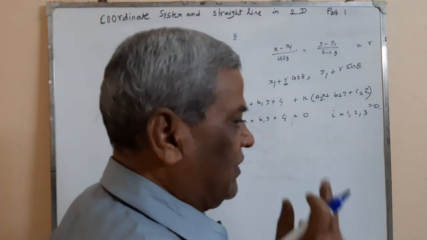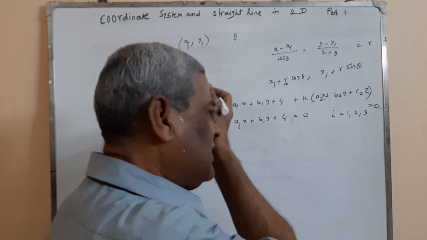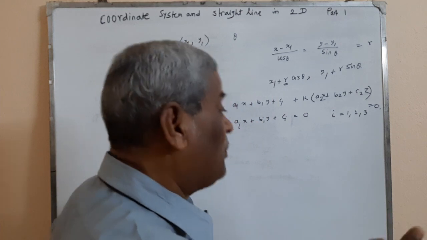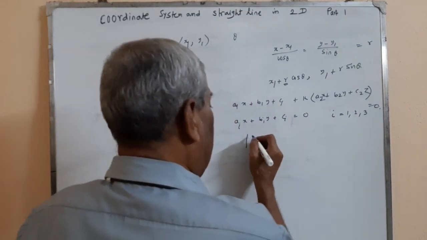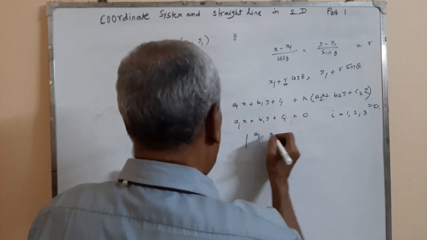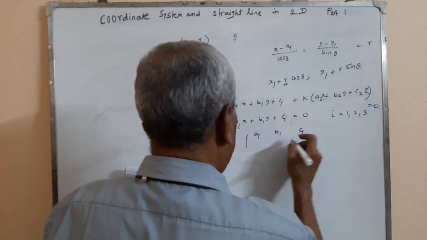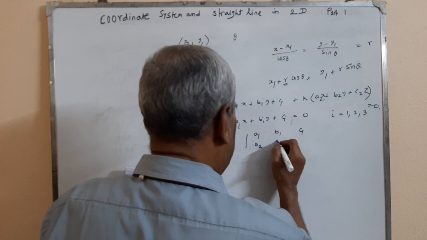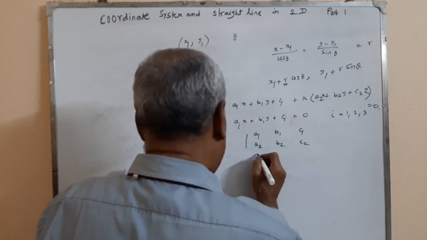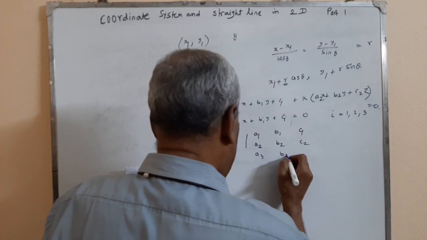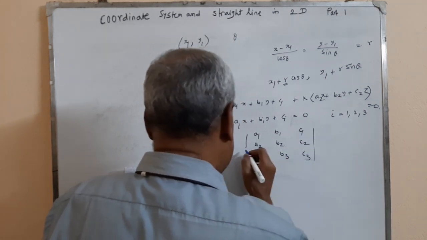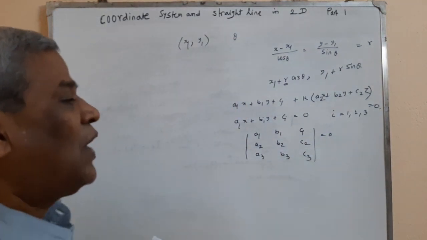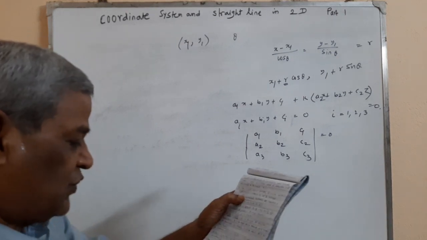They will be concurrent, meaning these three straight lines will pass through one particular point, provided the value of this determinant is 0: first row a1, b1, c1 from the first straight line, second row a2, b2, c2, third row a3, b3, c3. If that determinant is 0, then we can say that they are concurrent. These straight lines are concurrent, meaning they pass through a particular point.